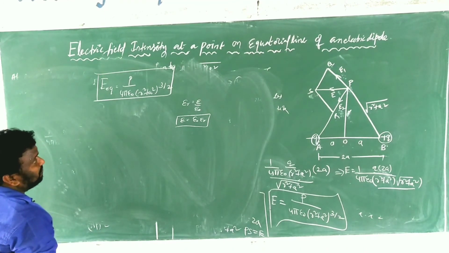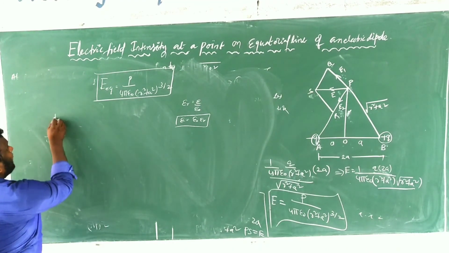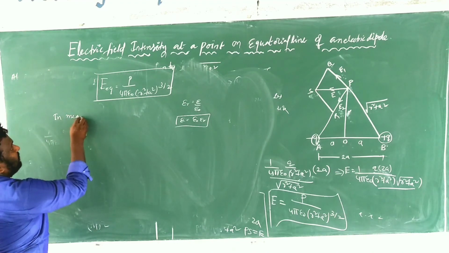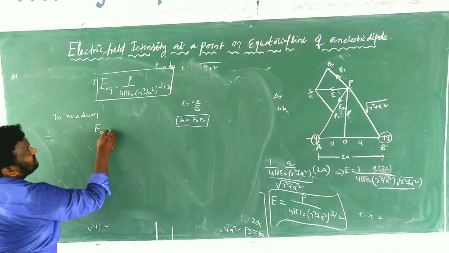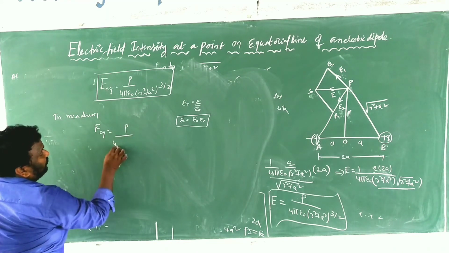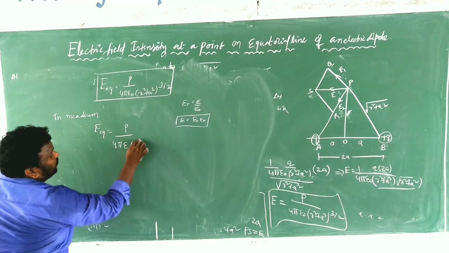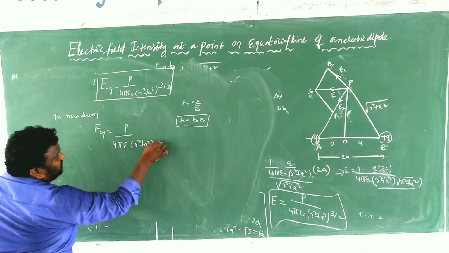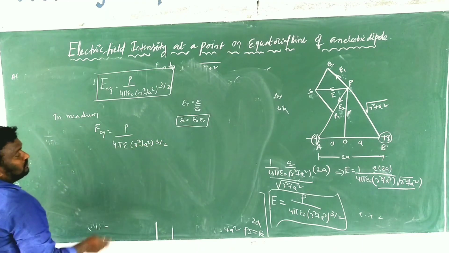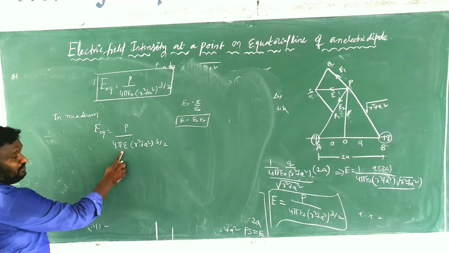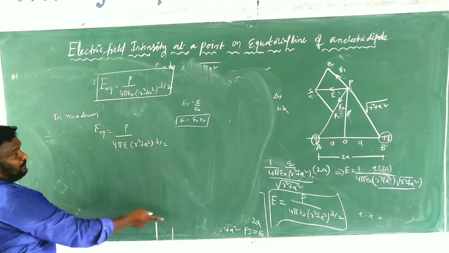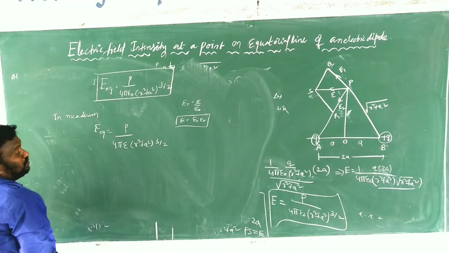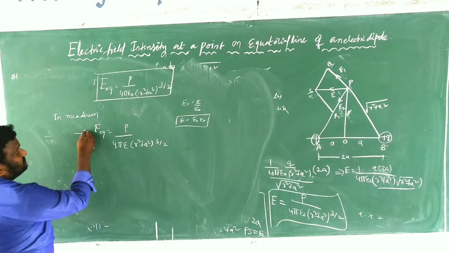This is very important for competitive exams. So if we are in any medium, then the formula will become like this: E equatorial is equal to P by 4 pi epsilon into (r square plus a square) whole to the power of 3 by 2. Here epsilon is the permittivity in medium, and epsilon naught is the permittivity in free space. So when the electric dipole is in a medium, the formula will be like this.